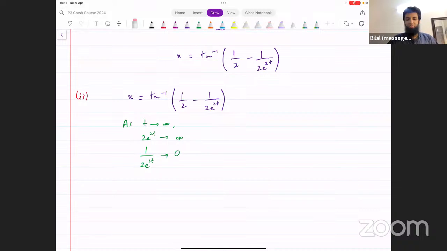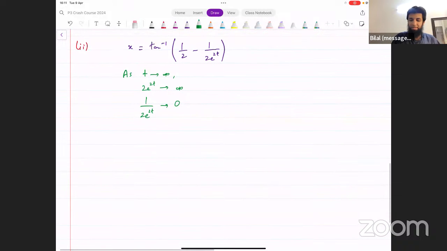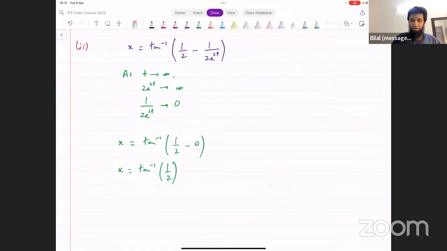Now, if this whole fraction is 0, what are we left with? We're just left with x equal to tan inverse of 1 over 2 minus 0, or you can say x equals tan inverse of 1 over 2. This is the value that x approaches as t becomes very large. This is one way to think about this.